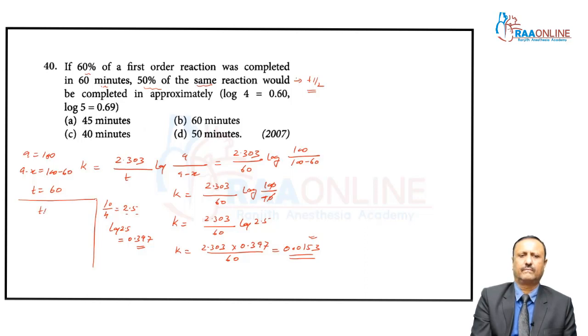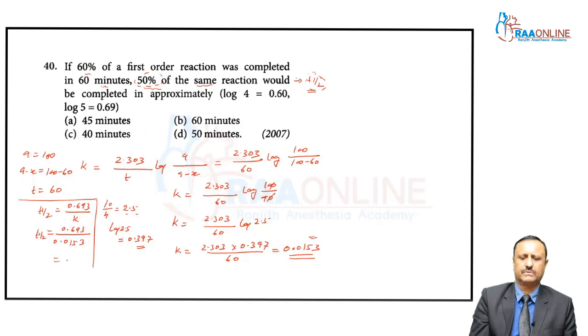Here T half is equal to 0.693 upon K. You can put 0.693 upon 0.0153, then get T half, because here 50% is complete, so he wants the T half.